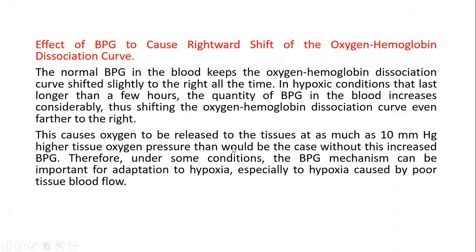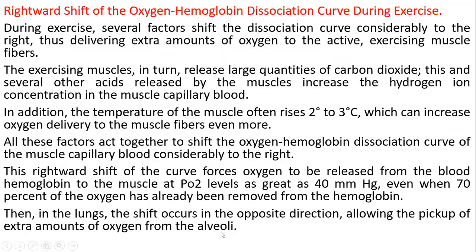This causes oxygen to be released to the tissue at as much as 10 mmHg higher tissue oxygen pressure than would be caused without this increase in BPG. Therefore, under some conditions, the BPG mechanism can be important for adaptation to hypoxia, especially hypoxia caused by poor tissue blood flow. هذا شلون؟ إذا BPG مفيد لأنه يزيد لنا shift of the curve to the right ويزيد لنا delivery of the oxygen to the tissue في حالة hypoxia.